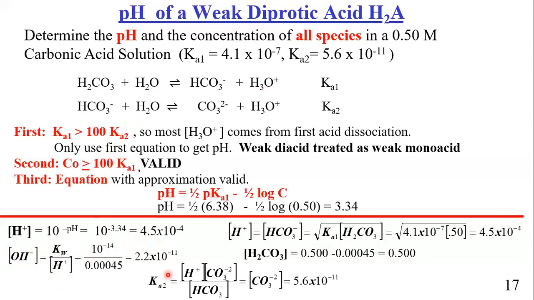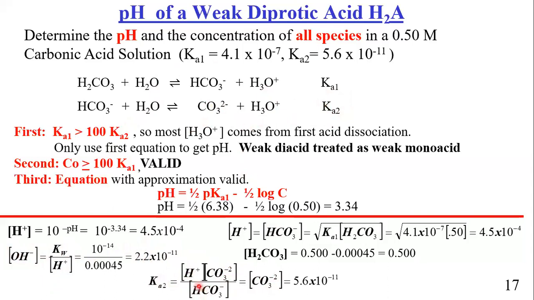One more species left, and that is this guy, CO3 2 minus. The only way to get him is through the Ka2 value, because he only comes from the second equation. The Ka2 is H3O plus times CO3 2 minus divided by HCO3 minus concentration, which is actually equal to CO3 2 minus only. Why? Because the H plus and the HCO3 minus are actually the same concentration.